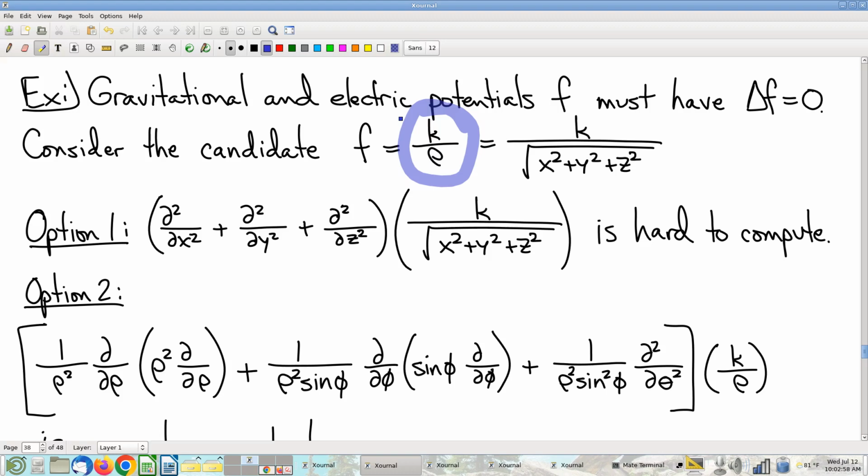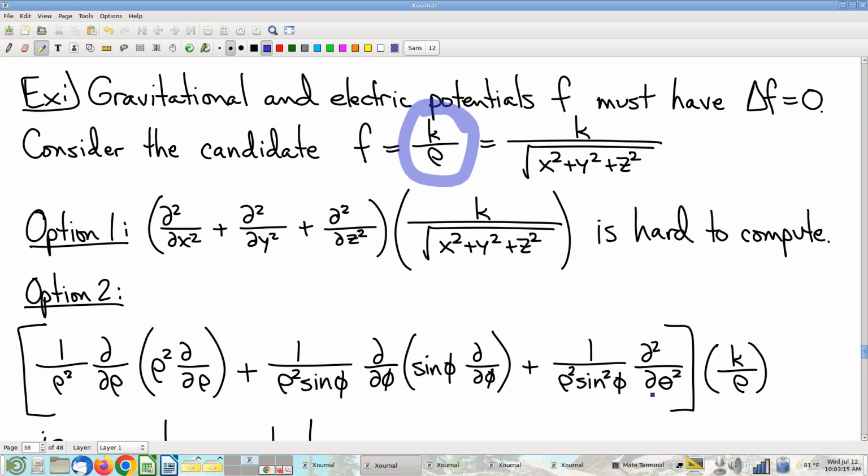Electric potential depends on distance from the origin. There's a physically intrinsic spherical aspect to that. Distance to the origin is the major player. In those cases, your life is going to be way better if you do it in spherical coordinates.